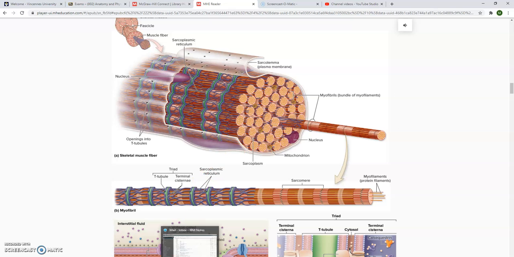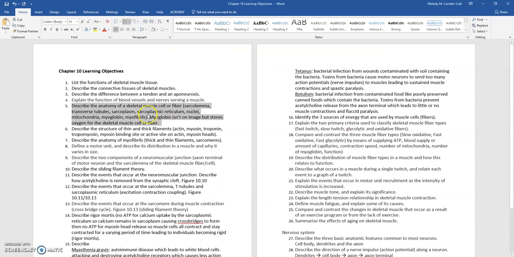All right, so I'm going to go back to our objectives here. So we talked about the sarcolemma, the transverse tubules, sarcoplasm, sarcoplasmic reticulum, the nuclei, the mitochondria. We already talked about the myoglobin earlier. Can't see it on the picture, but you need to know it stores oxygen for skeletal muscle cells. And then the myofibrils.